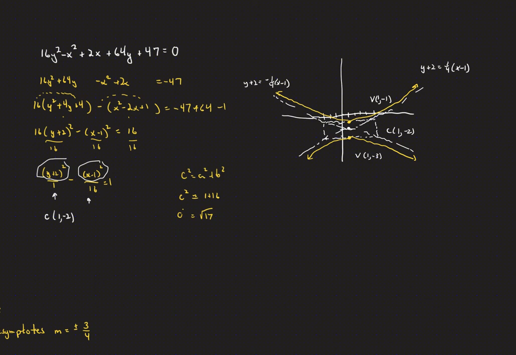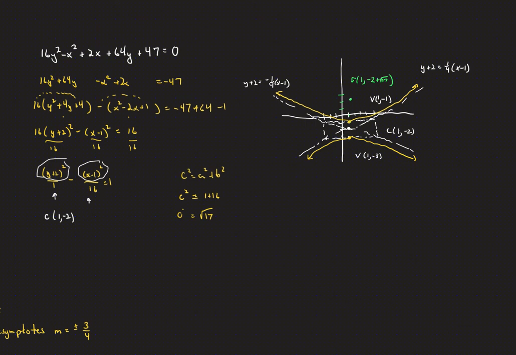So from the center, we'll go 1, 2, 3, 4, and then a little bit. So I'm going to put the focus there, which is going to be at x equals 1. And the y coordinate of that center was negative 2, so it's going to be negative 2 plus the square root of 17.